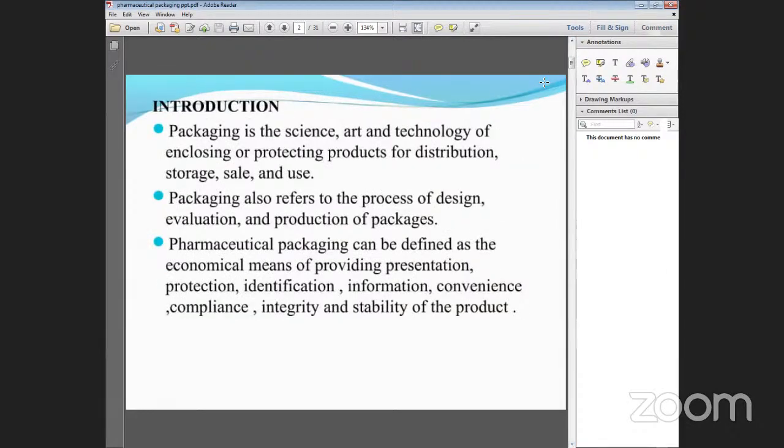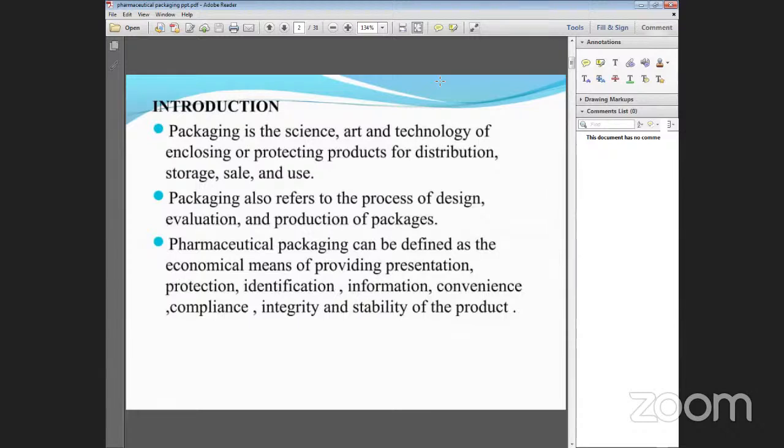First, let us have a look at the introduction of pharmaceutical packaging. Packaging is the science, art and technology of enclosing or protecting products for distribution, storage, sale and use. That means packaging is a science where we can pack the products that have been prepared by us.